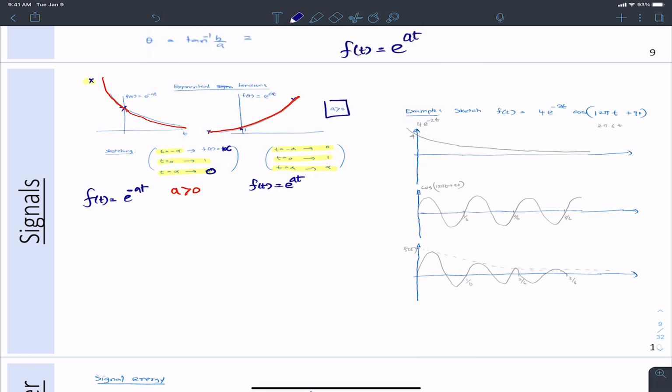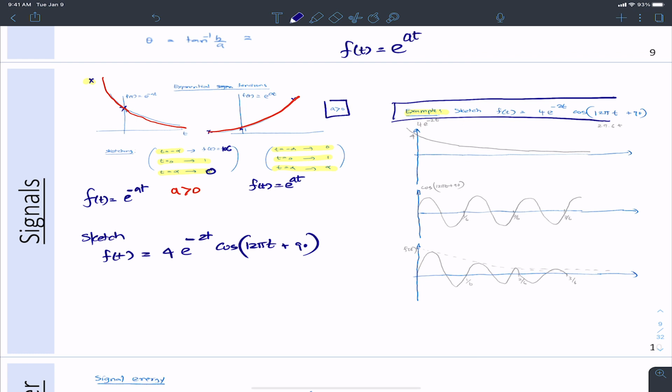Now how about an example: sketch f(t) is 4 times e to the power minus 2t cos(12 pi t plus 90). So that is this question here.